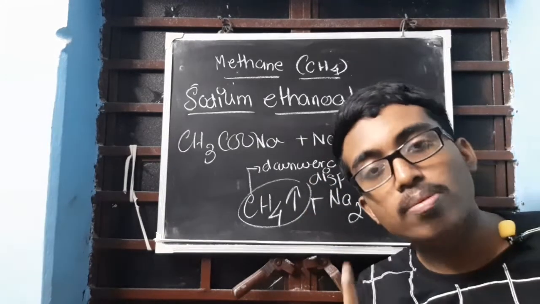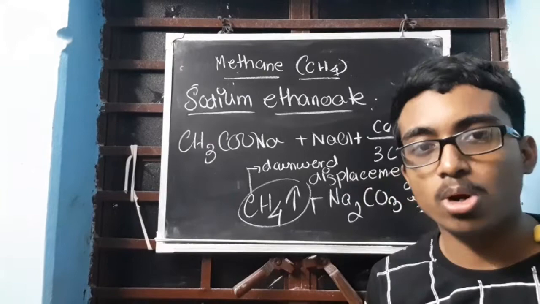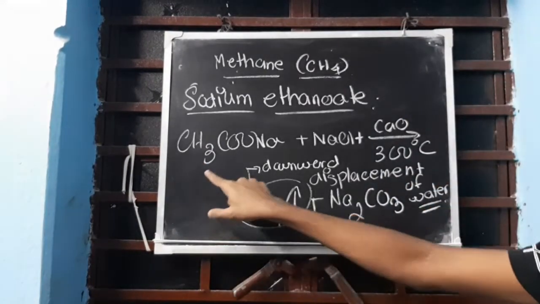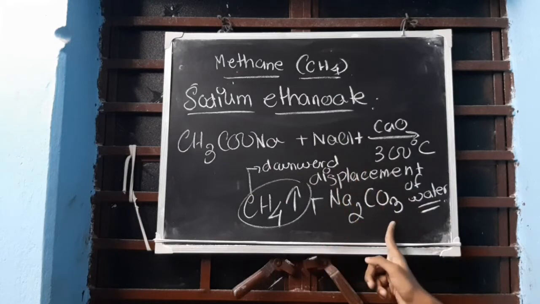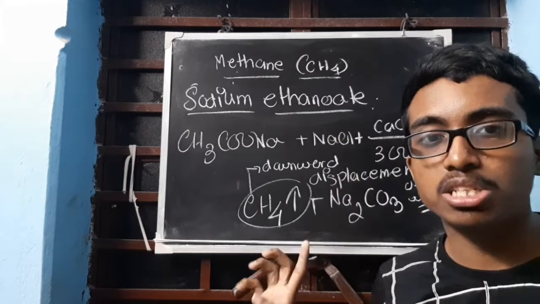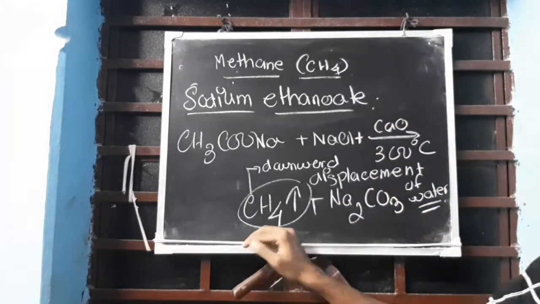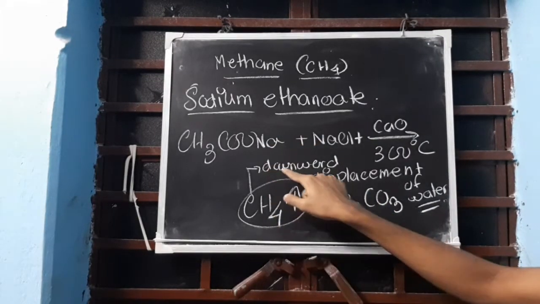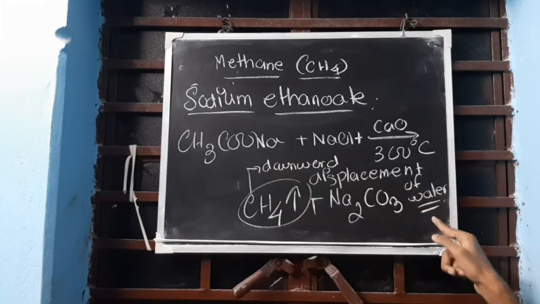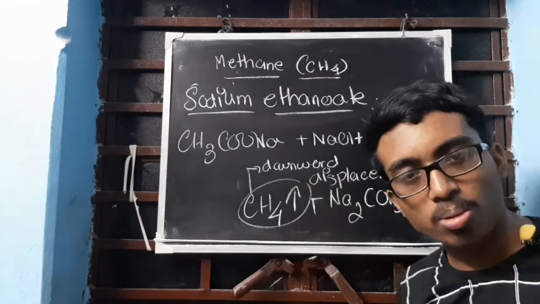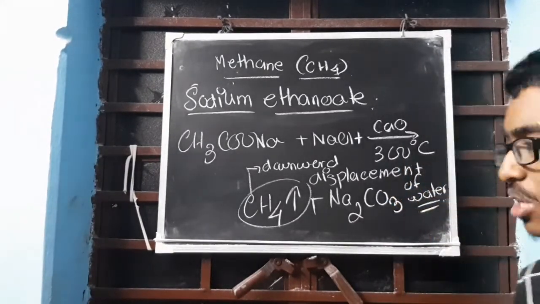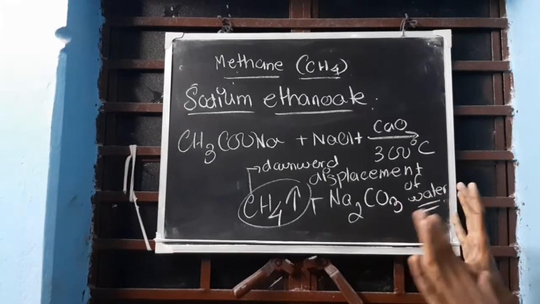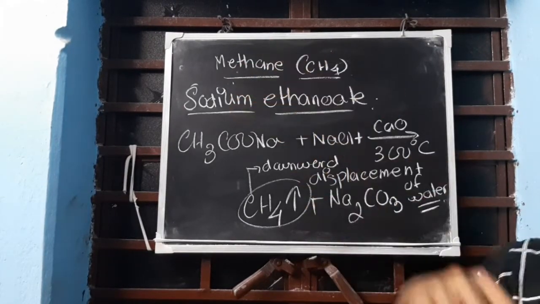CH3COONa plus NaOH forms Na2CO3 plus CH4. This gas is collected by downward displacement of water because it is slightly soluble in water and it is also lighter than air. So this is the reaction that you need to remember in case of methane preparation.